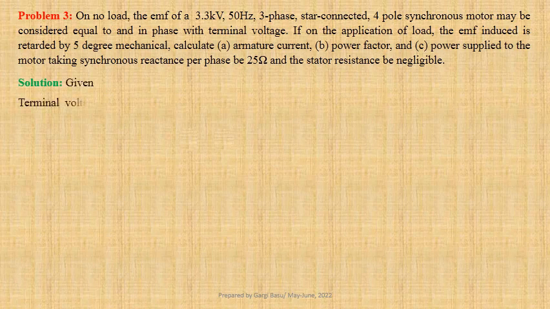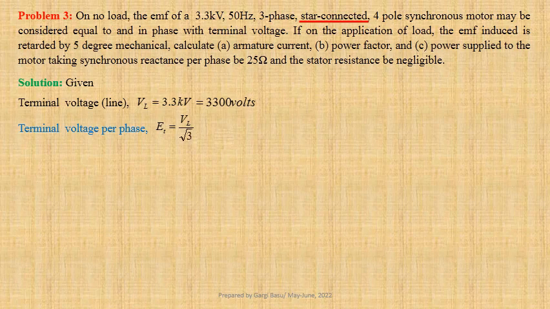Line to line terminal voltage VL equals 3.3 kilovolt, that is equal to 3300 volts. Since the armature winding is star connected, terminal voltage per phase ET equals VL by root 3, that is equal to 3300 divided by root 3, that gives us 1905.2559 volt.